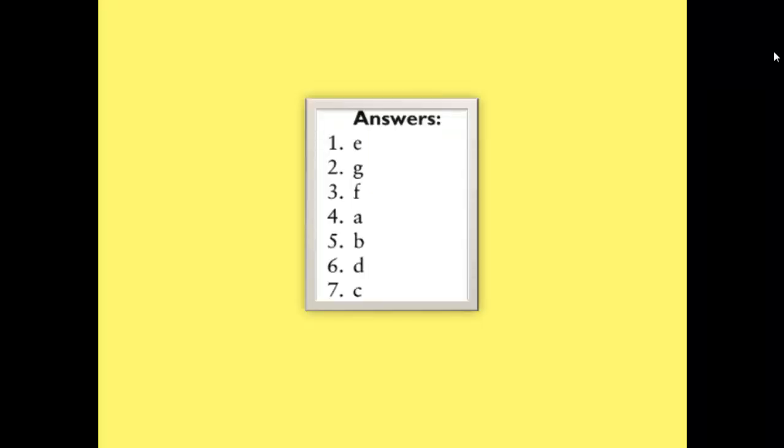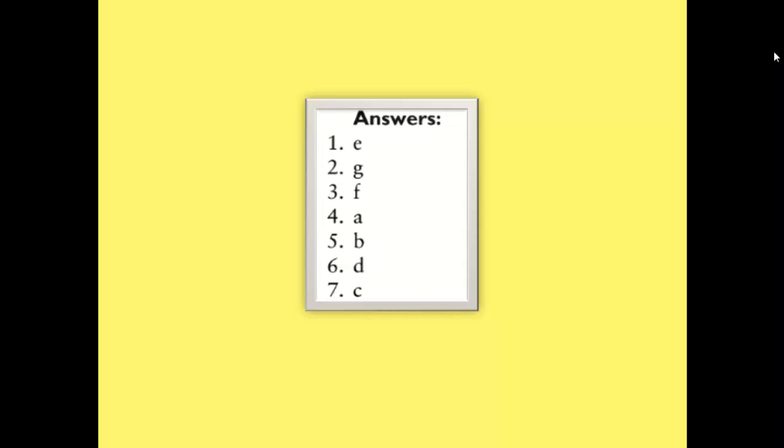Here are the answers. A person who invented telescope is Galileo. A person who invented ballpoint pen is Biro. The inventor of telephone is Bell.